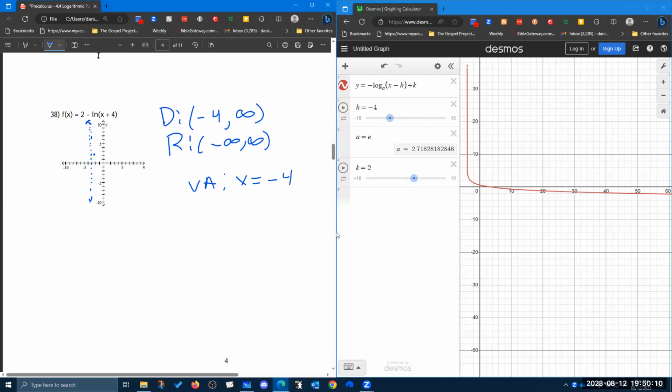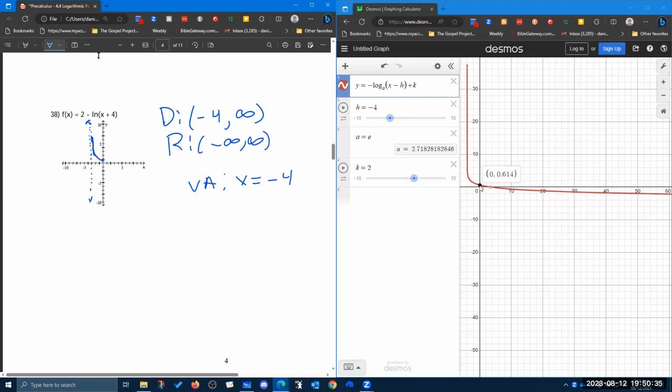It'll be hard to graph, but it's going to go through here at 0.6, so on. It's right about there.